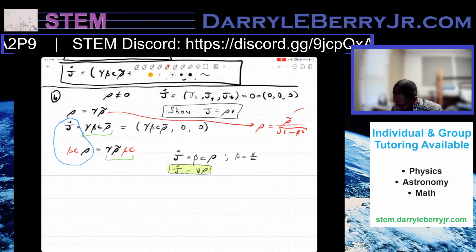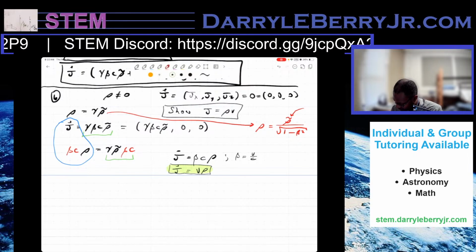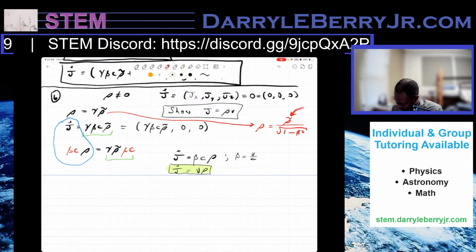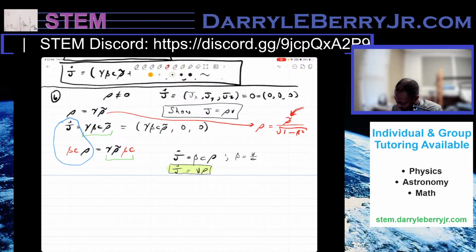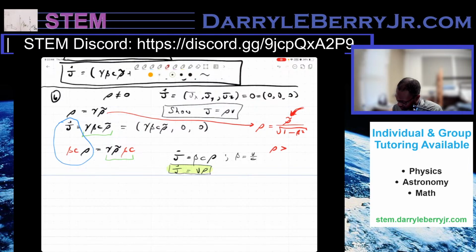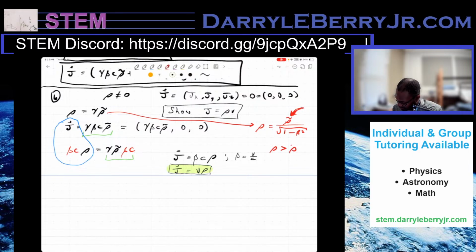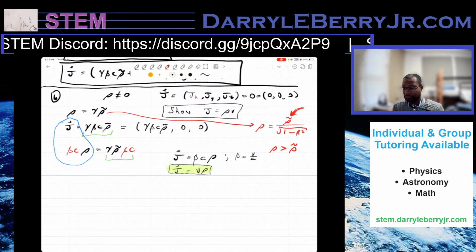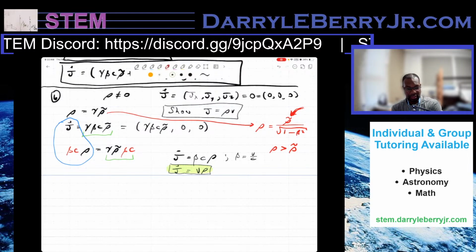So this divided by a small number will make it bigger. Since we have to increase rho in the prime frame to have it equal rho in the non-prime frame, rho in the non-prime frame must be bigger. So that's that one.